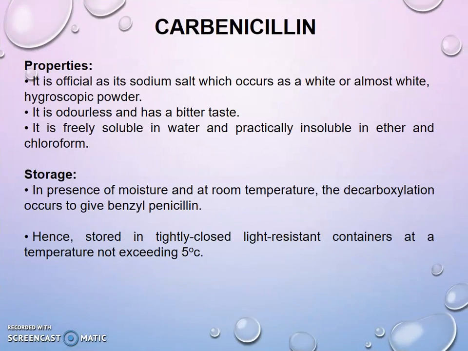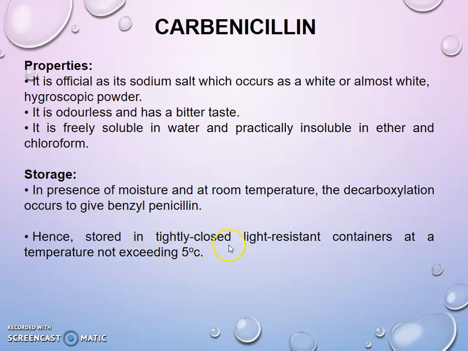Next drug is Carbenicillin. Property: it is official as its sodium salt, which occurs as a white or almost white hygroscopic powder. It is odorless and it has bitter taste. It is freely soluble in water and practically insoluble in ether and chloroform. Storage: in presence of moisture and at room temperature, decarboxylation occurs to give benzylpenicillin.